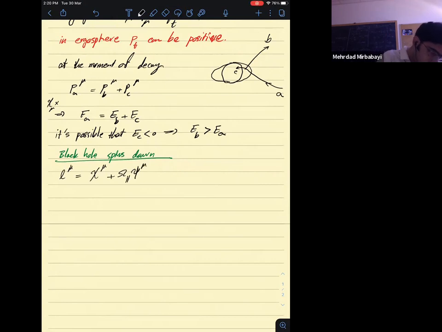So remember again, chi is equal to dt and psi is equal to d phi. So one of them is the isometry associated to time translation invariance, and the other one, the isometry associated to the rotational symmetry or axial symmetry of the solution.